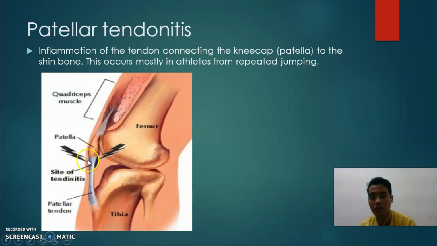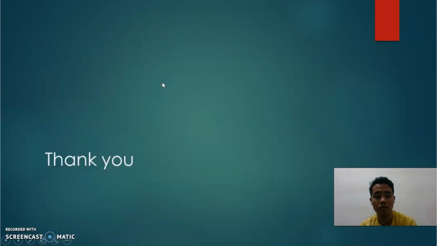You can see it connects with the tibia, the patellar tendon, the tibia, and the patella. Mostly the injured are from volleyball and other sports that cause patellar tendinitis.